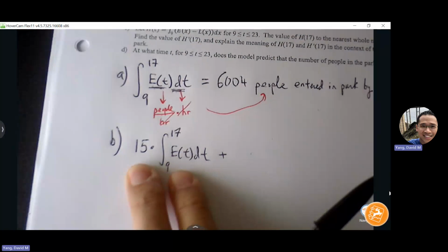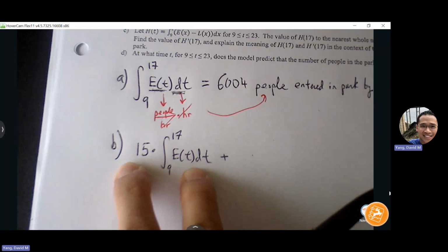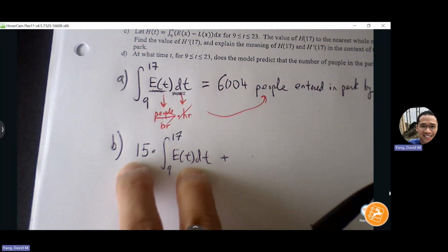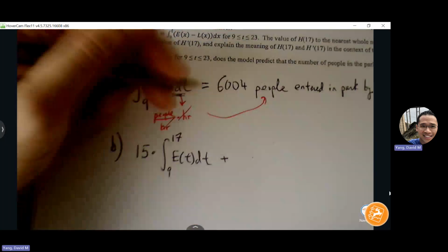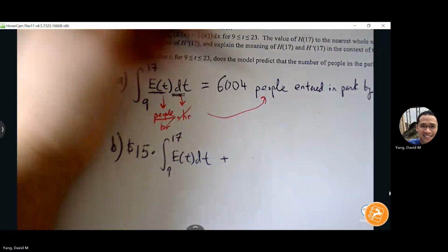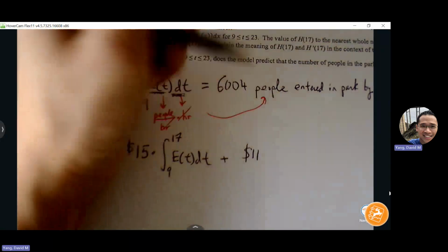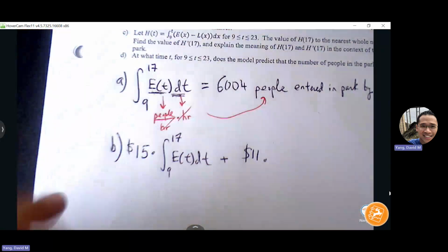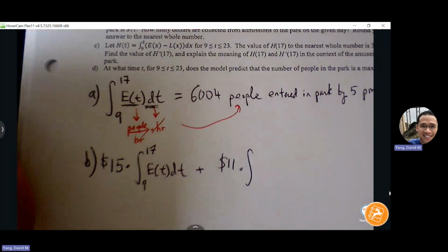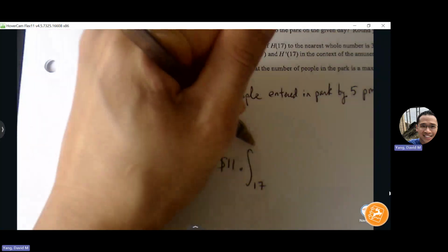So this will tell us the revenue from the people who've entered the park by 5 p.m. And then plus, I'll put dollars here to indicate that. And then we'll charge $11 for those who've entered the park after 5 p.m. So we can say the integral from when to when? 17 to 23.